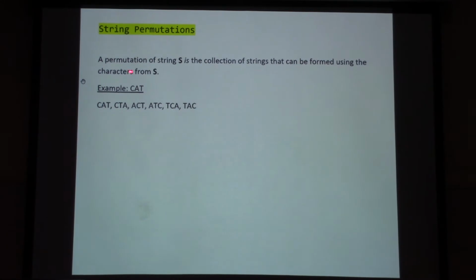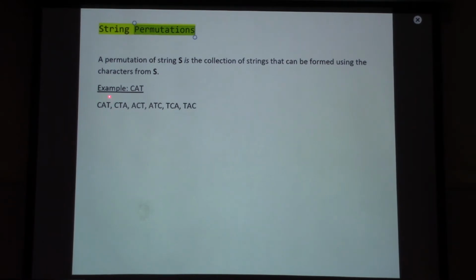If you look at the string cat, you can do CAT, and if you keep C fixed, you can permute T and A, getting CTA. That's it. Now you switch A with C, and you have ACT, and you permute every CT, so you get ACT, ATC. That exhausts all the possibilities.